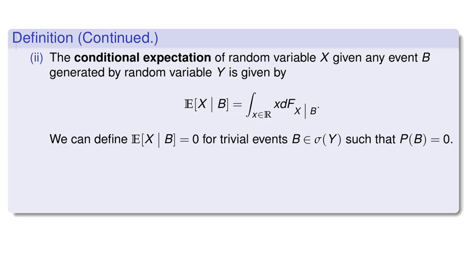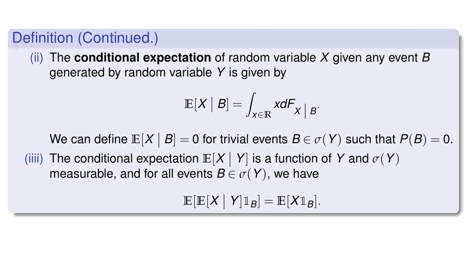Second, the conditional expectation of X given any event B generated by Y is expectation of X given B equals the integral over x in R of x dF_{X|B}(x). Again, we can define expectation of X given B to be 0 for trivial events B in sigma of Y. Third, the conditional expectation of X given Y is a function of Y, hence it is sigma of Y measurable.